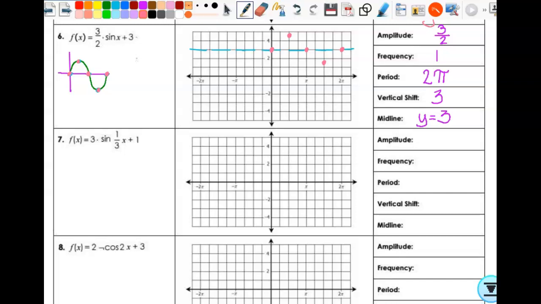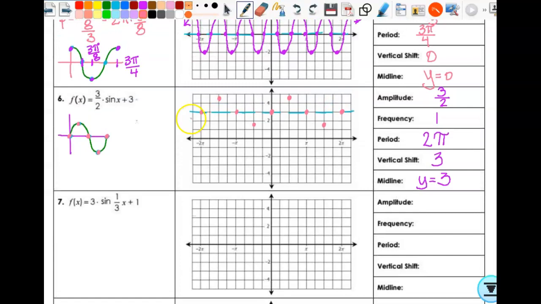Okay, and then you just repeat them, and you've got your graph. Any questions at all on that one?